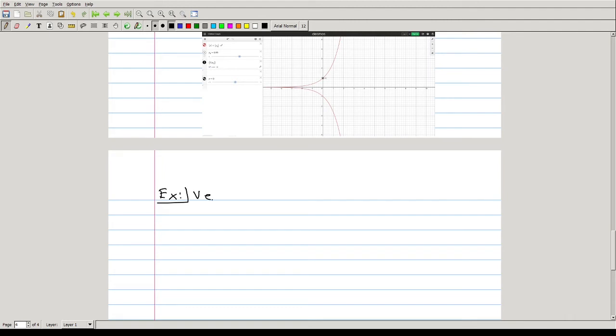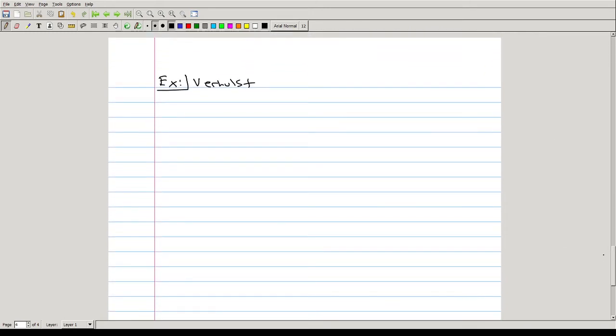So the Verhulst population model, once it's suitably non-dimensionalized with y and tau, is just dy d tau is equal to y times 1 minus y. And I'm not going to rewrite the non-dimensionalization because it's the same as for the Malthus model.